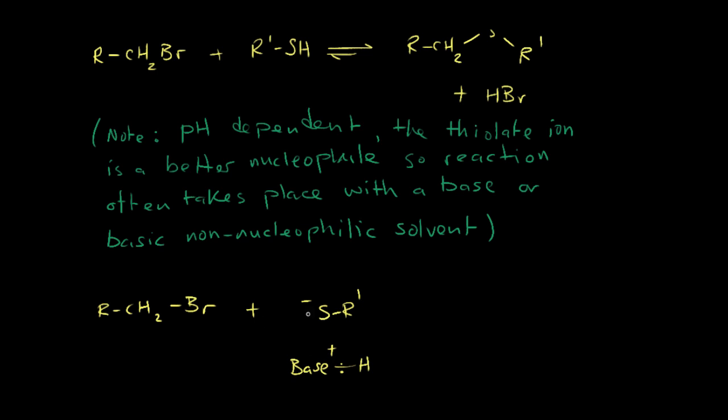The thiolate ion attacks the electrophilic carbon and releases bromine as Br-, and we get a substitution reaction. And here's our Br-, and that would be a counter ion with our base plus hydrogen.